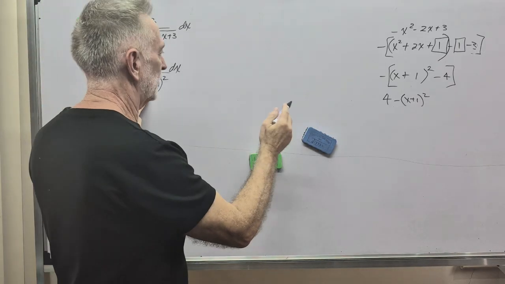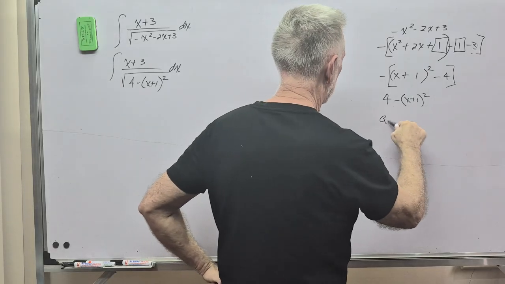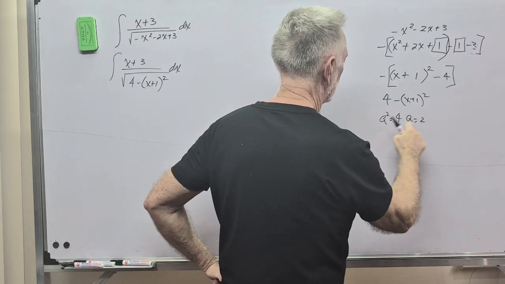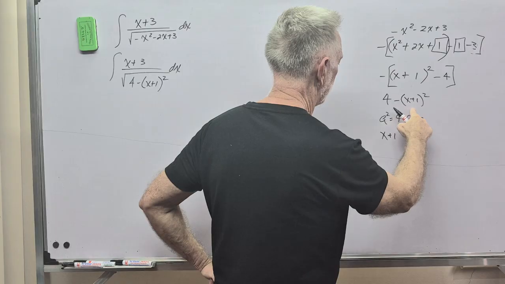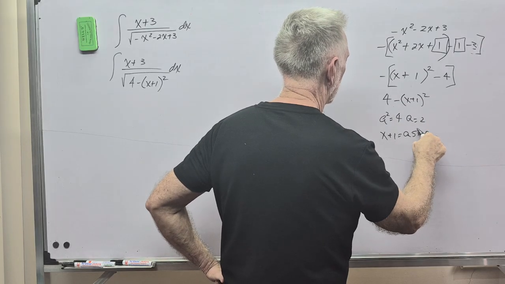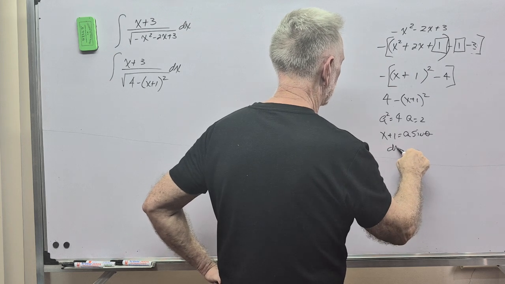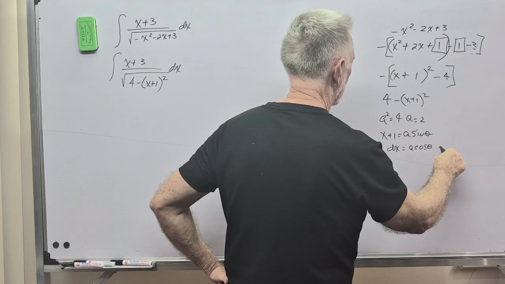So let's think about that for a moment. If I were to say, all right, a squared equals 4, a equals square root of that, which would be 2, x plus 1 equals a sine theta. And then if I take the derivative of that, dx equals a cosine theta d theta.